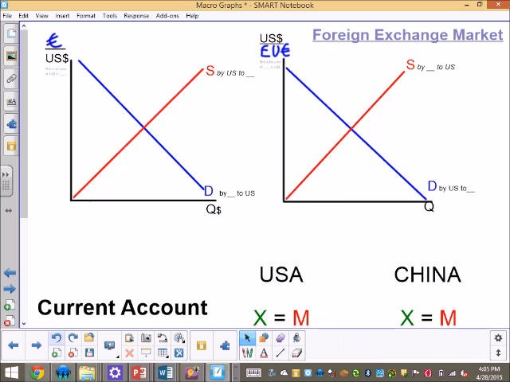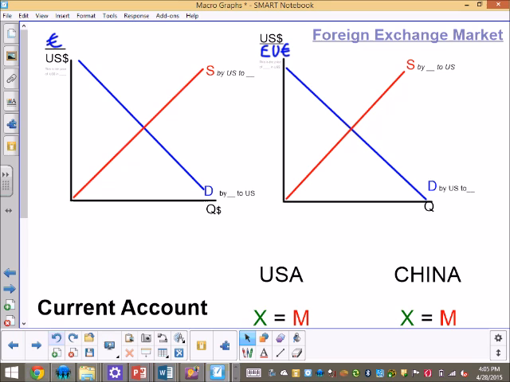What about this? What if the EU starts buying a lot more US bonds? There'd be more demand for US dollars. The EU would supply more euros, and there'd be demand for more US dollars.